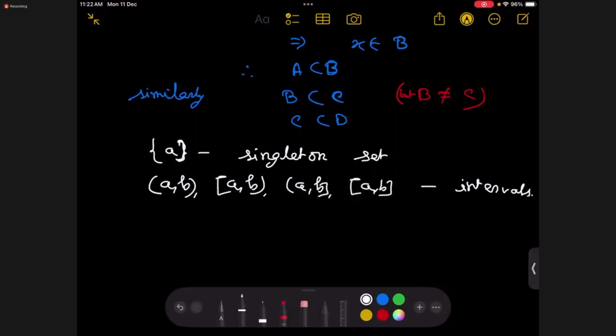In your class 10 you have already discussed the area of a square, the area of a cube, or the length of a line segment. Those are all measures.